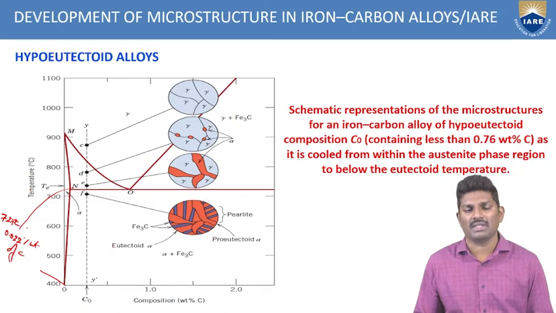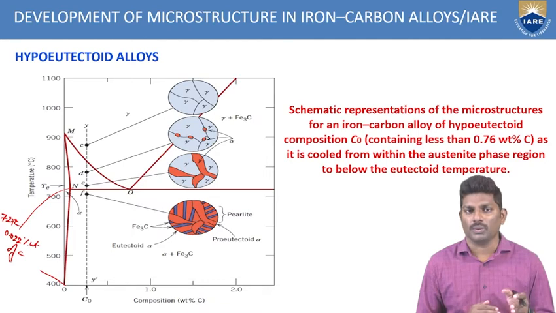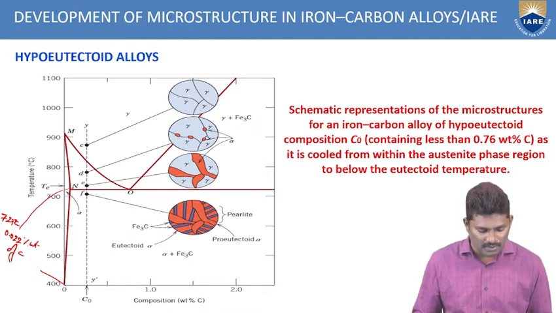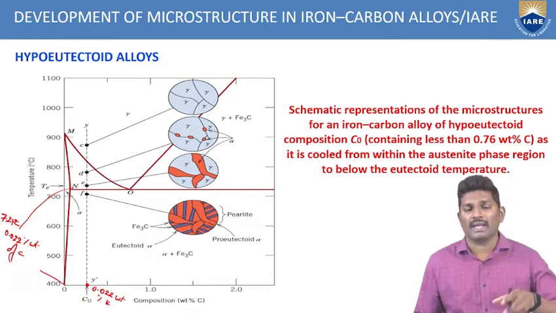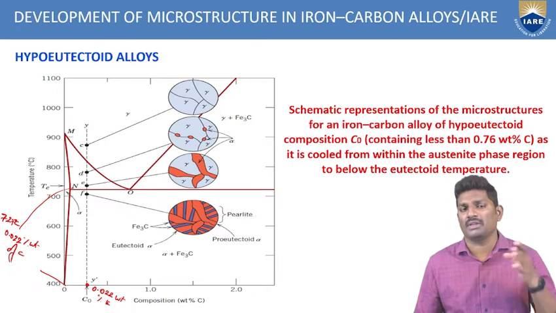So the eutectic temperature is 727 degrees centigrade, and the composition here is 0.022 weight percentage of carbon. At that point, again you have to draw a vertical line parallel to the temperature axis.